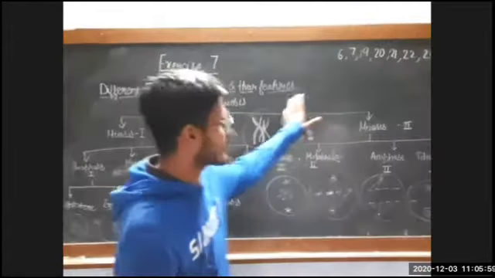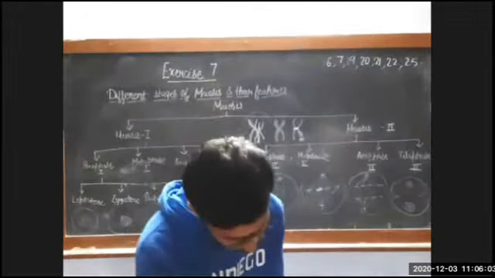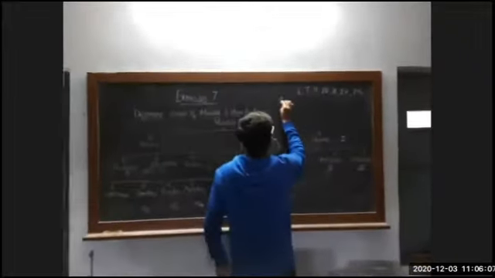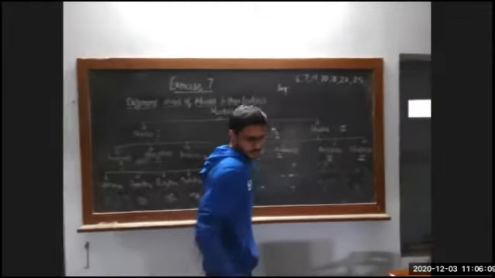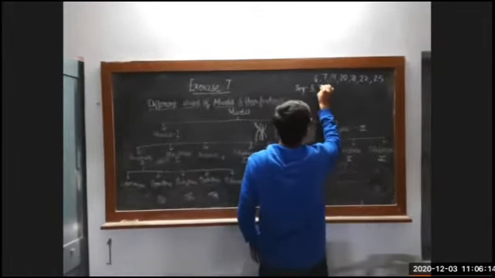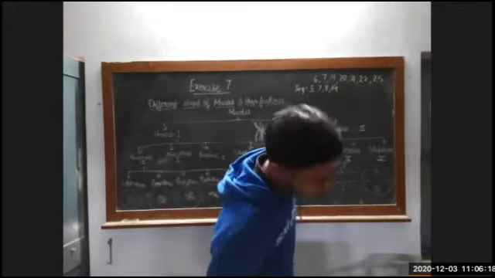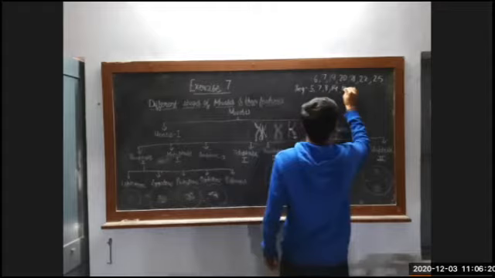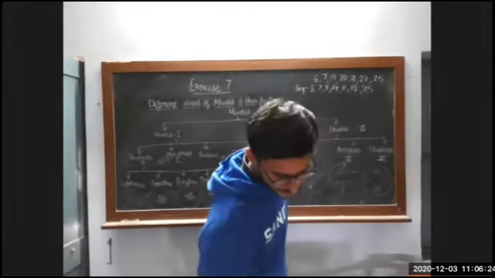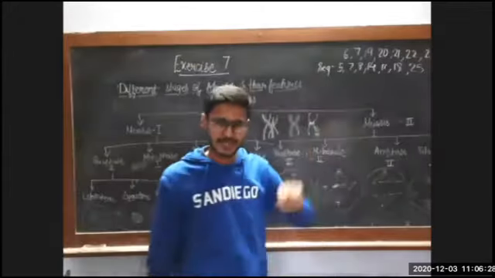So these are the practicals that are omitted, and the sequence of practicals is 5, 7, 8, 14, 17, 18 and 25. So these are the practicals and the specimens.